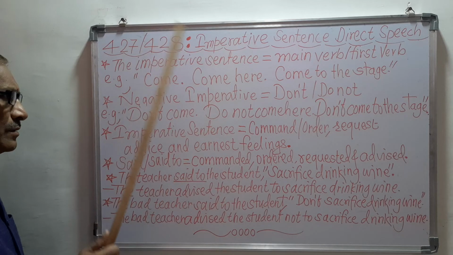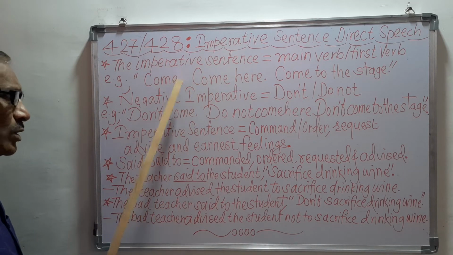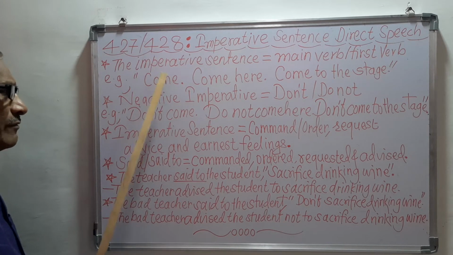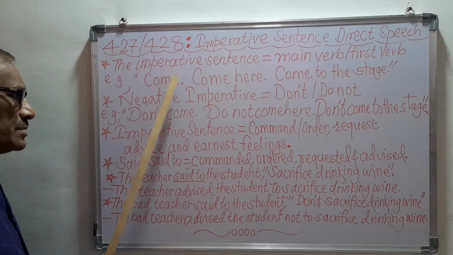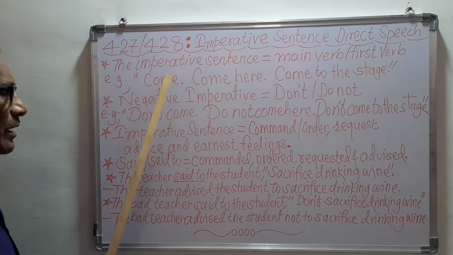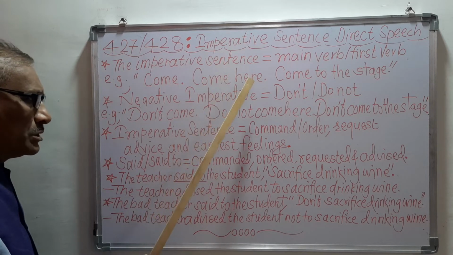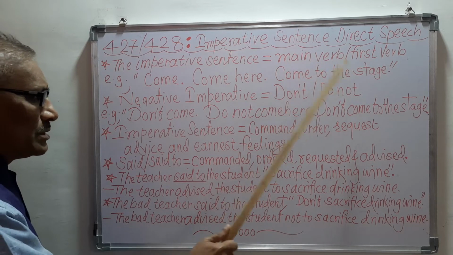So come here is an imperative sentence because here is the order, here is the suggestion. Then come to the stage is also a suggestion.